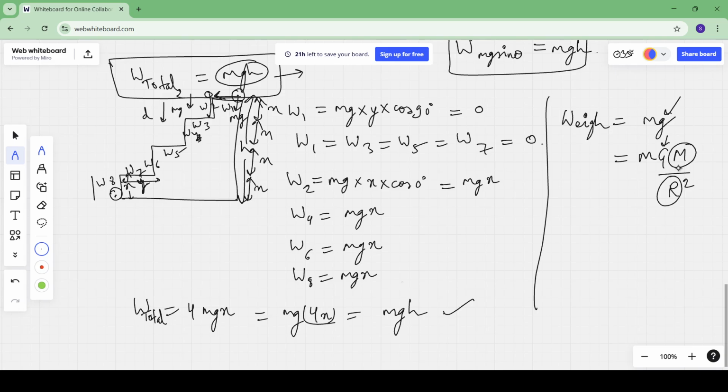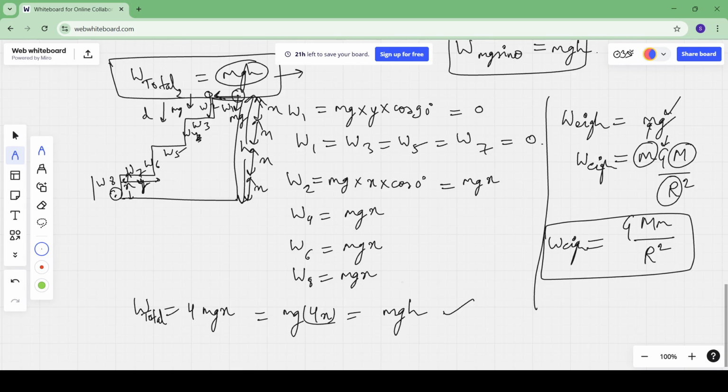These are all constants, and if you put in their values you will get 9.8, and m is the mass of this ball. This weight is nothing but gravity, because if you rearrange this, it will be like this. Keeping h very small, since I've already told you this distance is very small compared to the radius of the earth, the weight comes out to be GMm over r squared, and this is nothing but gravity.